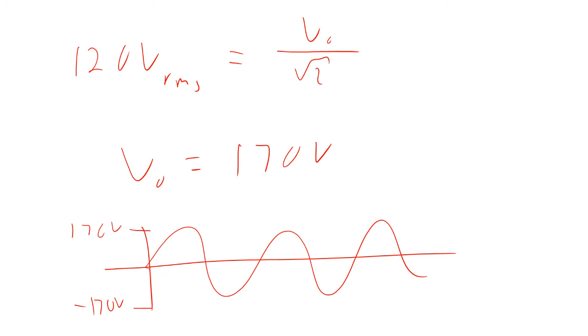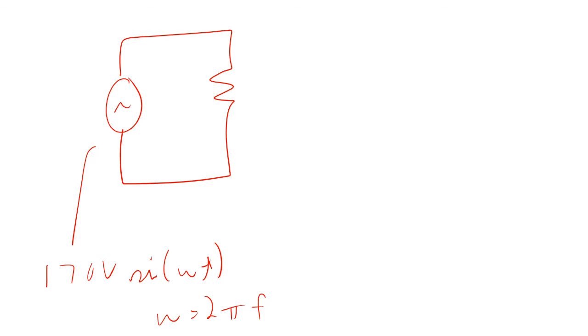Now, why do we do this sort of thing? Suppose we had a simple circuit right here, where this right here is 170 volts times the sine of omega t. Omega is going to be 2 pi f. F is 60 hertz, so that would be 120 pi.